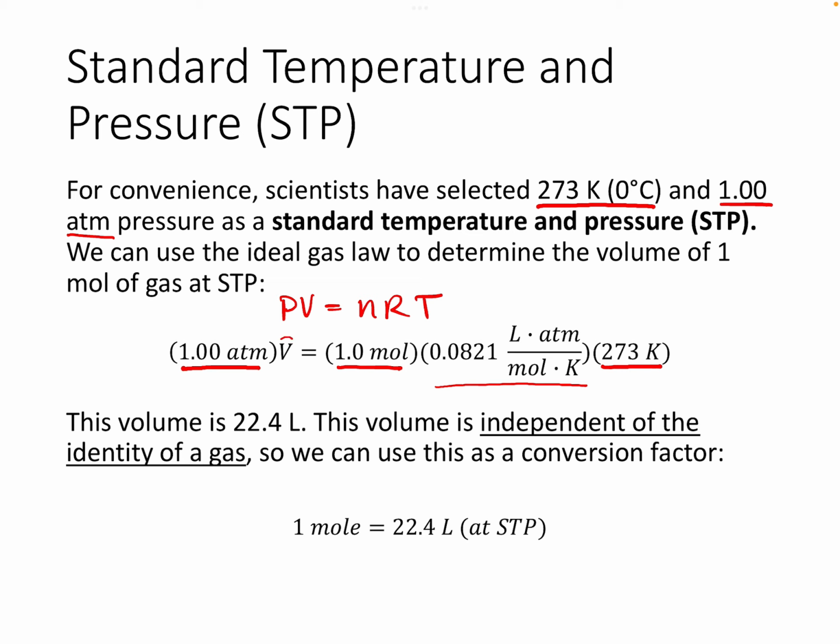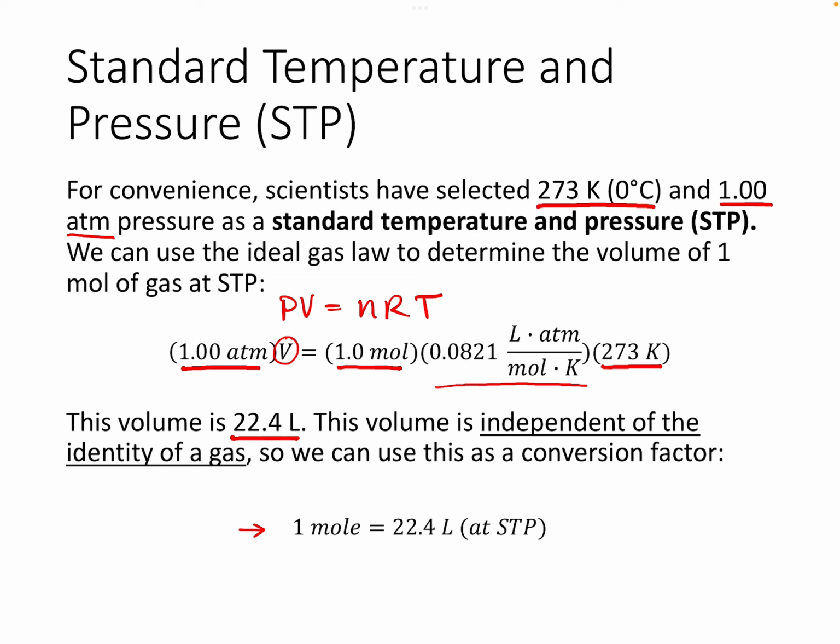So let's solve for the volume. Now, if we rearrange this equation and solve for the volume, we get an answer of 22.4 liters. What's really cool about this is that it tells us 1 mole of gas is equal to 22.4 liters at standard temperature and pressure.